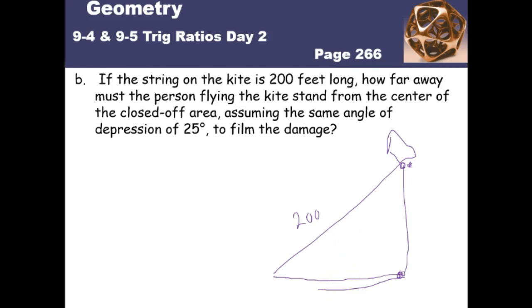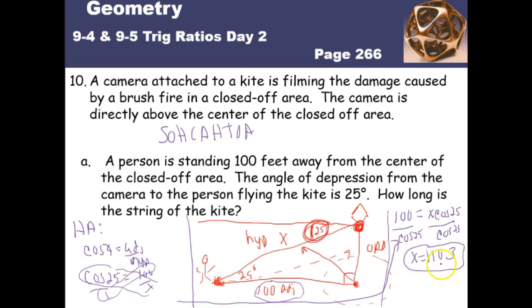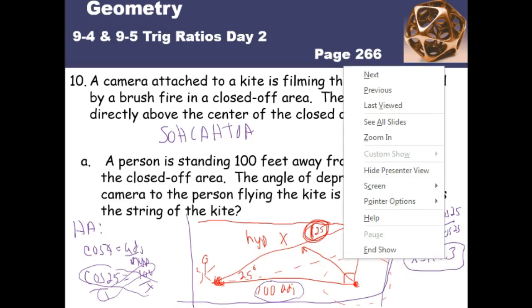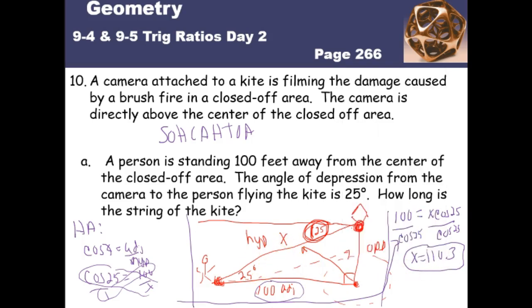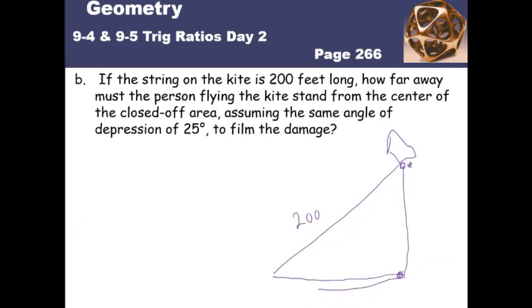So this is interesting. Let me just go back a little bit. Here we found out that it was 110.3 feet long. Now we need to know how far away he's standing.